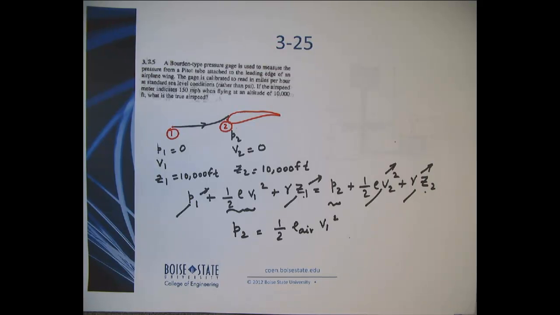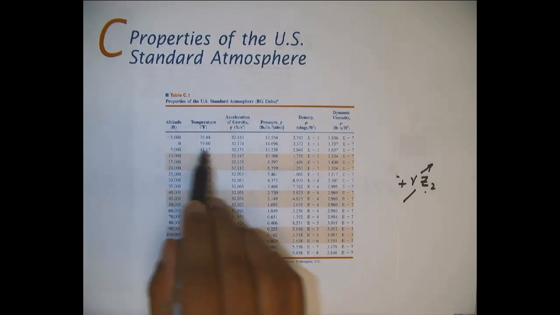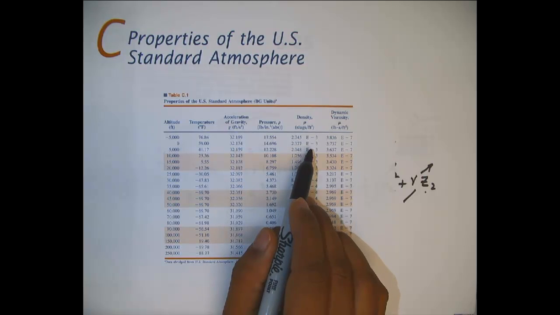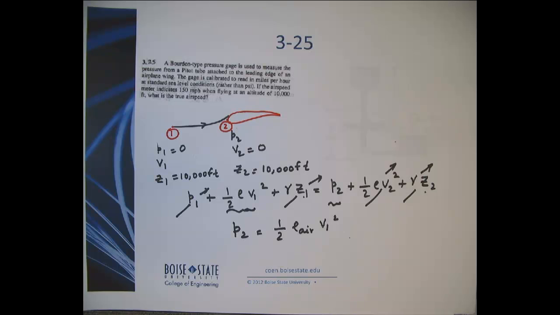You're given the information that the gauge reads 150 miles per hour, which is calibrated at sea level. Then we can compute the density of air from table C1 for sea level, which is 2.377 times 10 to the minus 3 slugs per cubic foot, and see what that translates to in terms of the pressure.